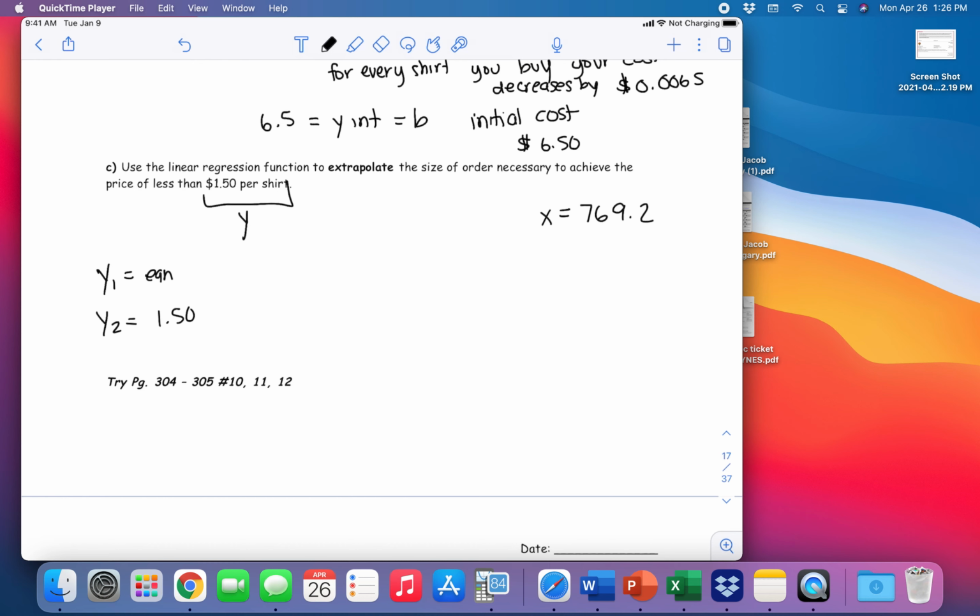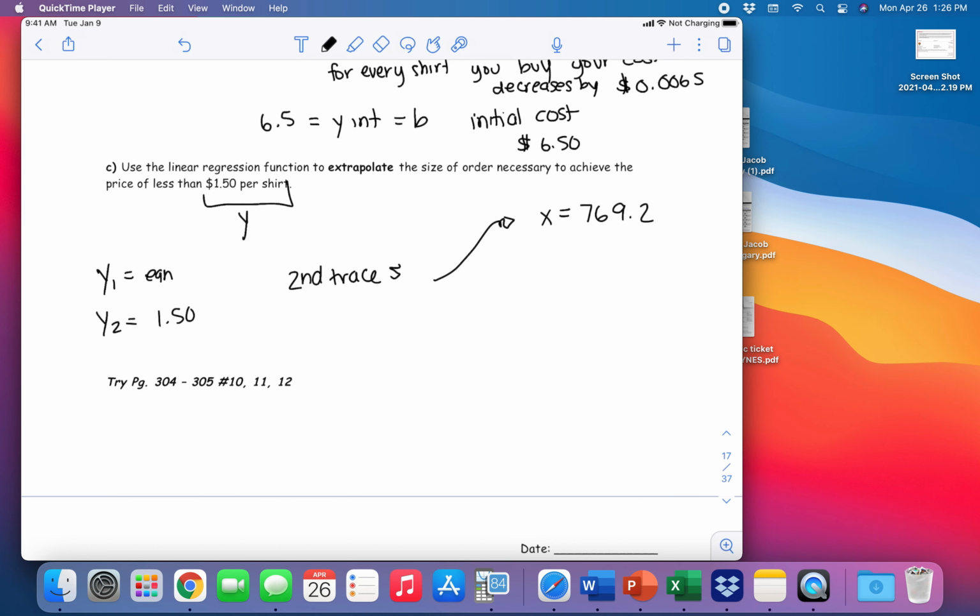So we had Y1 as the equation, Y2 as the $1.50. Second trace number 5. So remember, second trace number 5 is how we find the intersection. And then you press enter 3 times until you get that number.